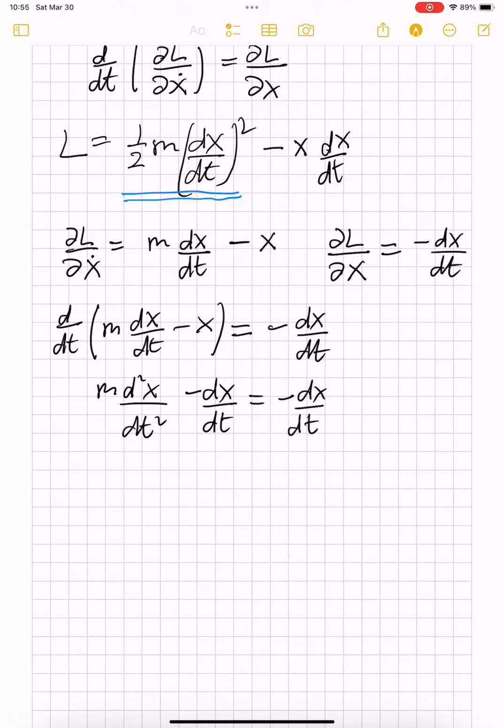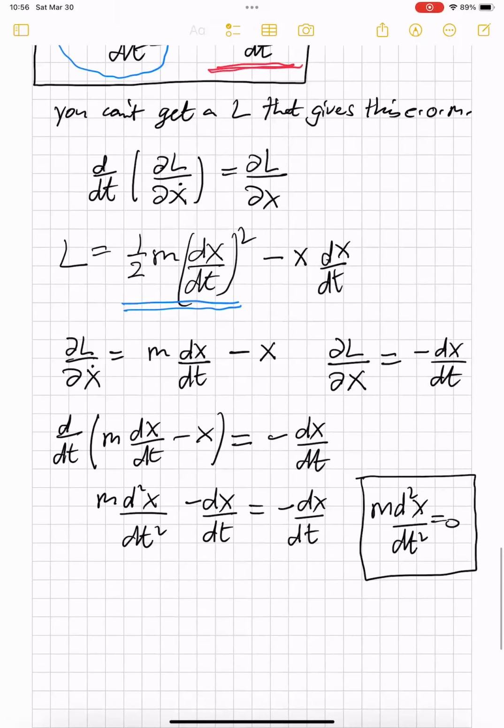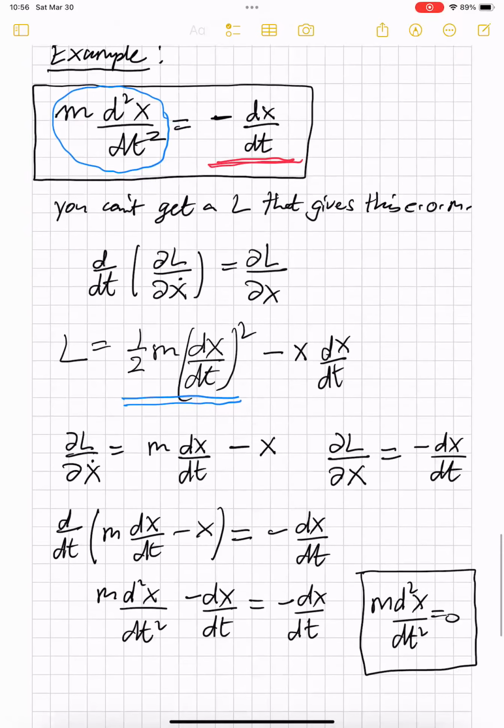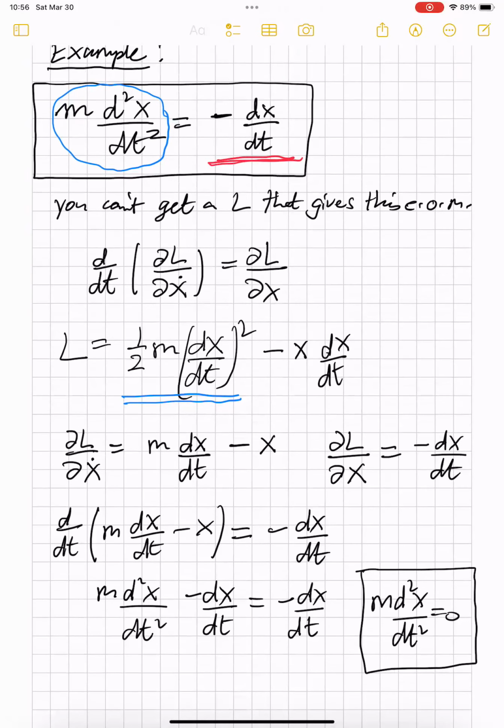Well, the two dx/dt's cancel, so I end up getting m d²x/dt² is just equal to naught. So this is the equation of motion for a free particle. So I failed. I didn't manage to get the force law that I wanted, the force law at the top of the page. And I claim that whatever Lagrangian you try, you'll never get that force law.